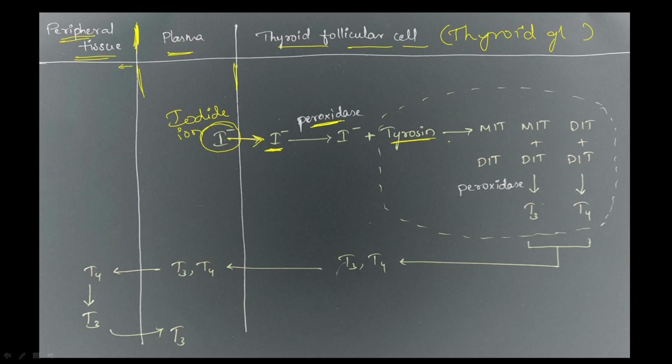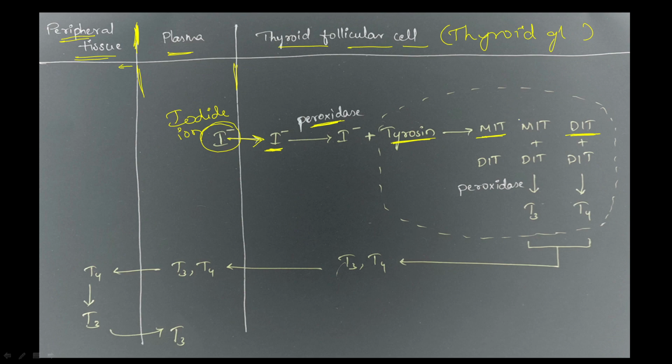And next, when this iodide reacts with thyroxine, it releases MIT and DIT, where MIT is monoiodothyroxine and DIT is diiodothyroxine. Alright, this is the peroxidase involvement. So this is the second step.